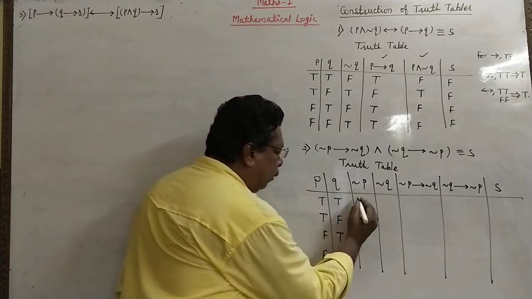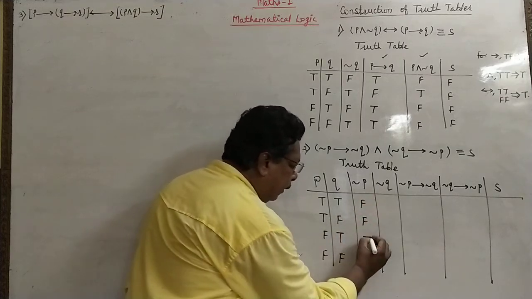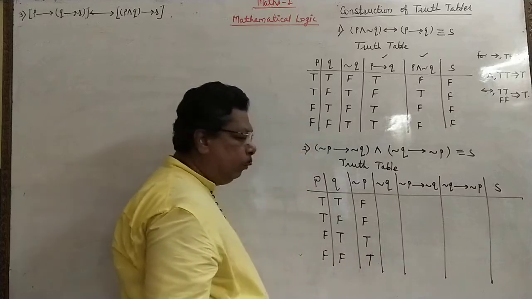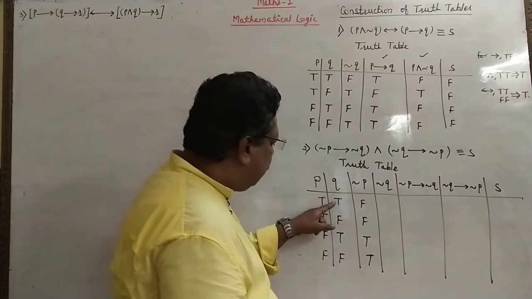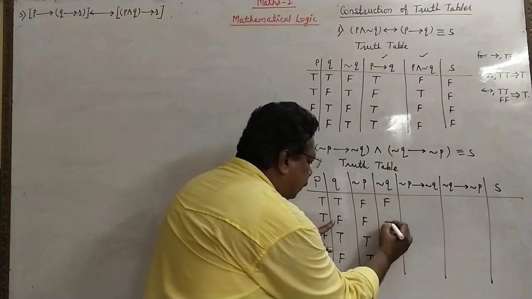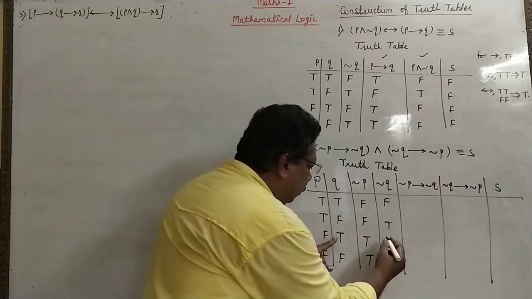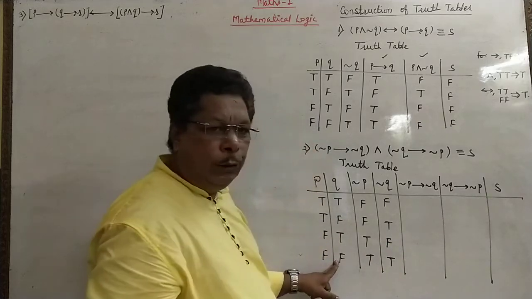Here first twos are true, therefore negation P's are false. Here are false, therefore its negation is true. Next column is negation Q. Now here Q is true, negation Q is false. Q is false, negation Q is true. Here is true, negation is false. Here is false, negation Q is true.